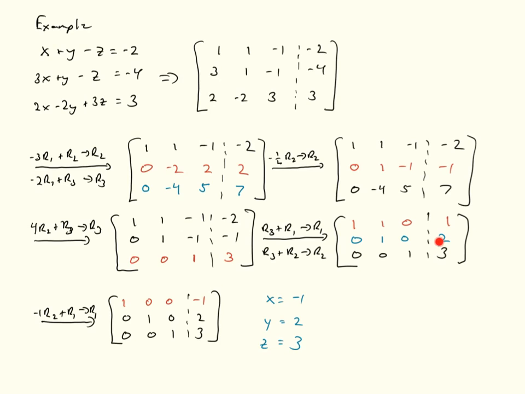And 2 times negative 1 is negative 2, added to 1 gives me negative 1. Now we have this in reduced row echelon form, and I can just read across. This tells me x equals negative 1, y equals 2, and z equals 3. So my solution is the ordered triple negative 1, 2, 3. That would be the final solution on that one.